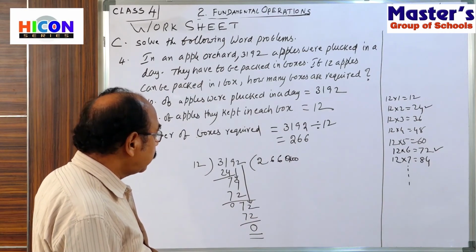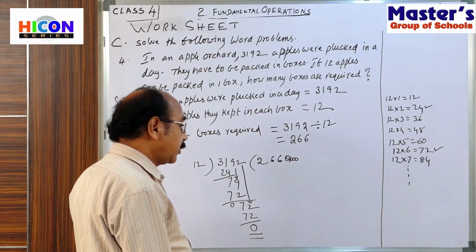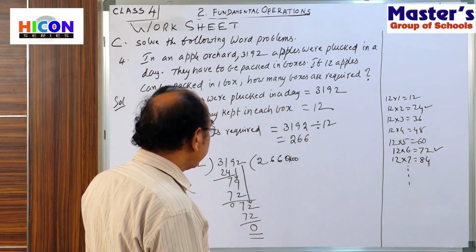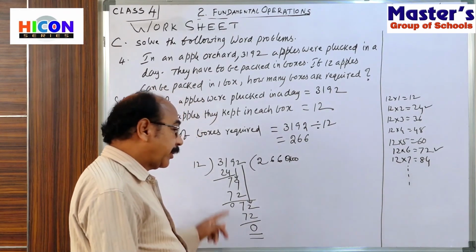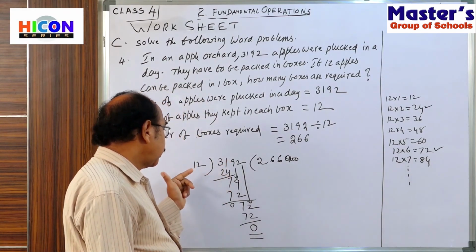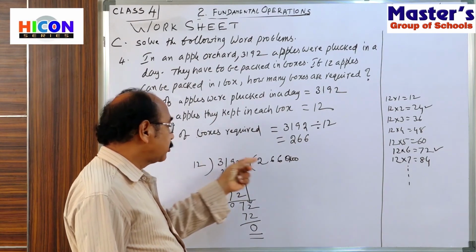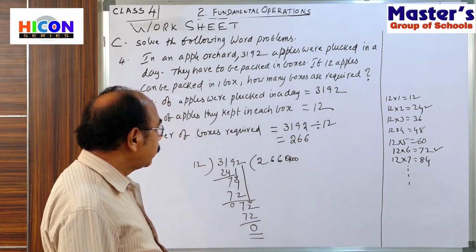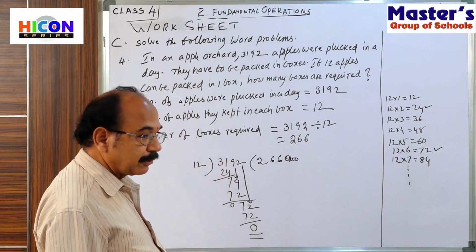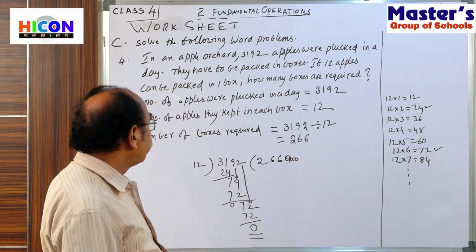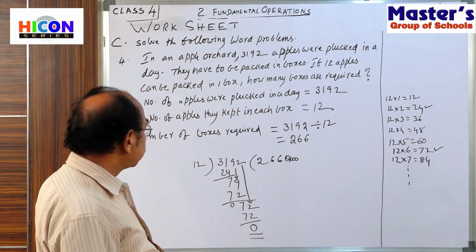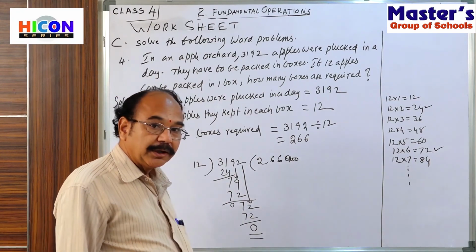If you want to check your answer, what do you have to do? Multiply the divisor and the quotient, then you can get the dividend. Okay, children, how many boxes are needed? 266 boxes are needed.